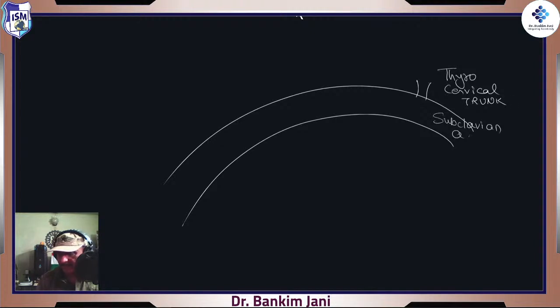So this thyrocervical trunk will give one branch, and that branch is like this, and we'll call this branch the suprascapular artery. So that's the first one. Then there is one more artery, again coming from the thyrocervical trunk only. We'll draw it like this, and we'll call it transverse cervical.